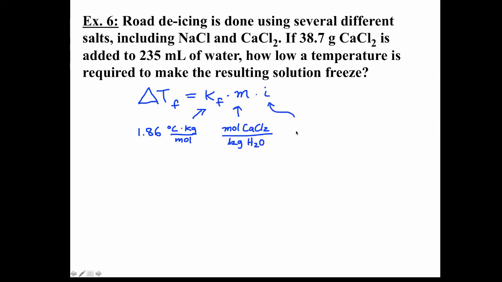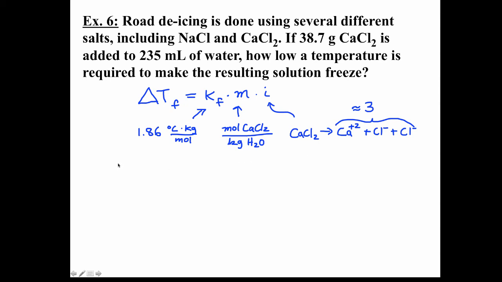And the Van 't Hoff factor is for calcium chloride, and calcium chloride dissociates in water into a calcium ion with +2 charge, and a chloride ion with -1 charge, and another chloride ion with -1 charge. And that means we have a total of 3 pieces, so the Van 't Hoff factor is approximately 3. It turns out that the Van 't Hoff factor depends also on concentration. More on that in a bit.